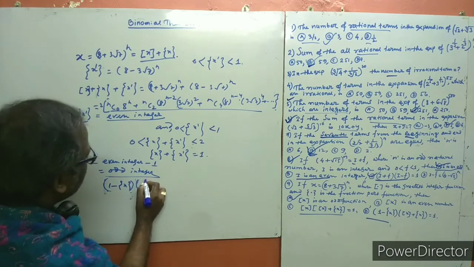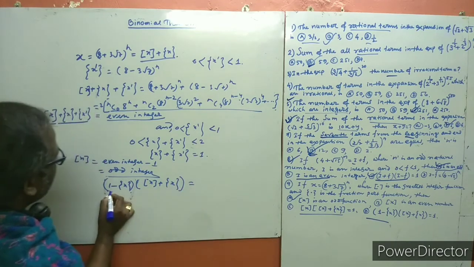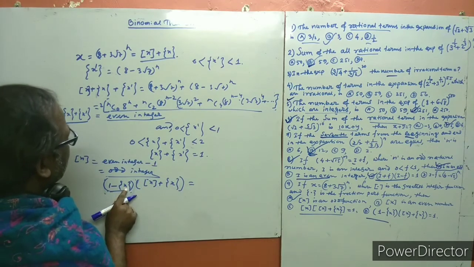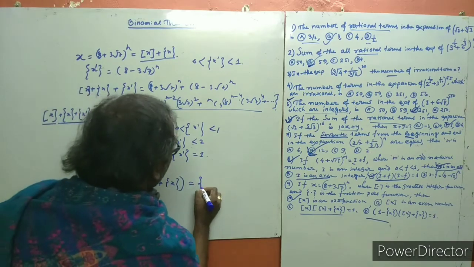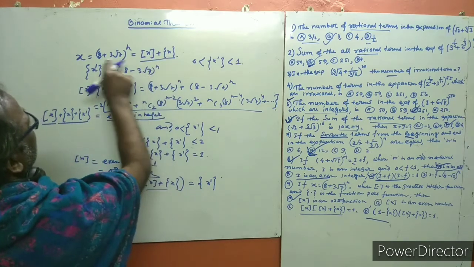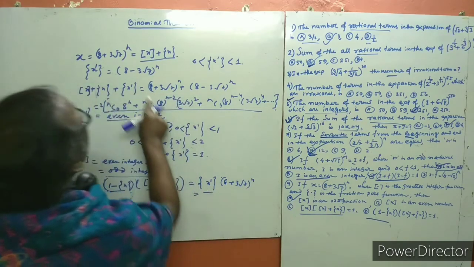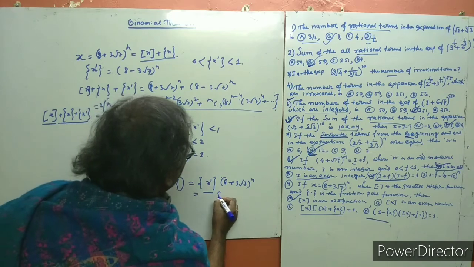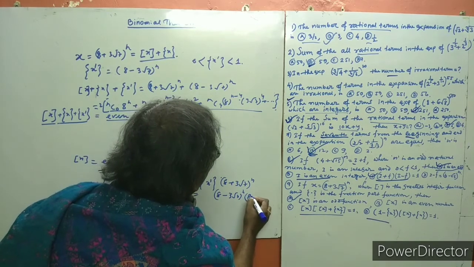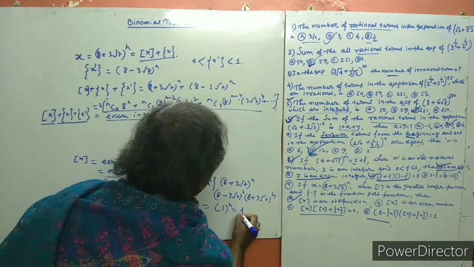Now see, box x plus fraction x is the same as 1 minus, from here, the second bracket x, fraction of x, that is x dash fraction. This is box x and fraction of x, which is equal to (8 plus 3 root 7) whole to the power n. And you can assume this is (8 minus 3 root 7) to the power n, and also (8 plus 3 root 7) to the power n, and this is equal to 1 to the power n, and this is 1.